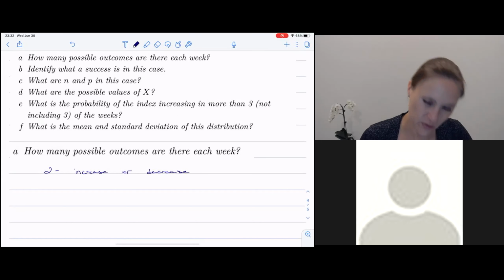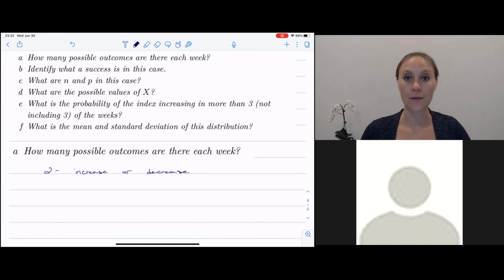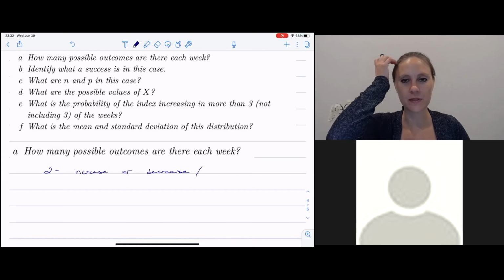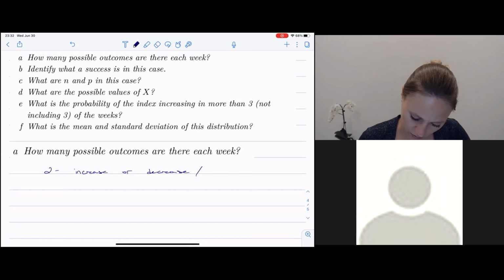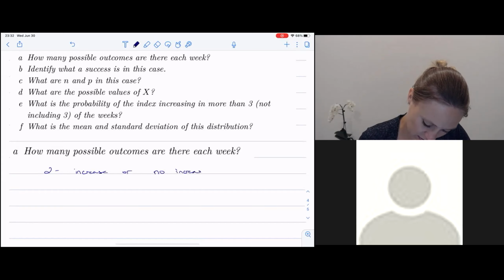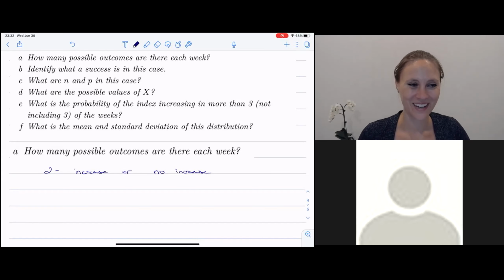We're actually going to assume that maybe we'll lump staying the same into one of these categories. I'll put it with the decreasing. So increase or no increase. Clever. Right? Because then we don't have to worry about it staying the same or what have you.